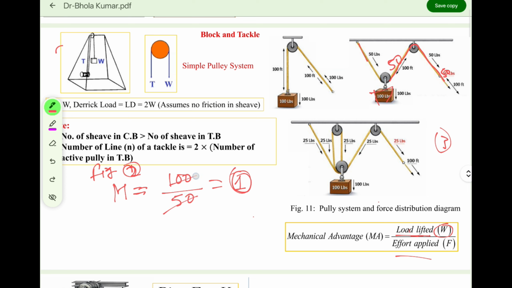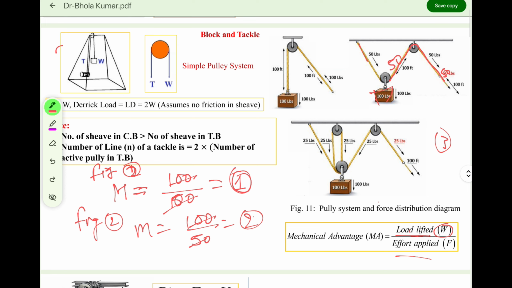So for figure 2, M is equal to 100 by 50, and you are getting 2, right? Now this is called mechanical advantage, right?